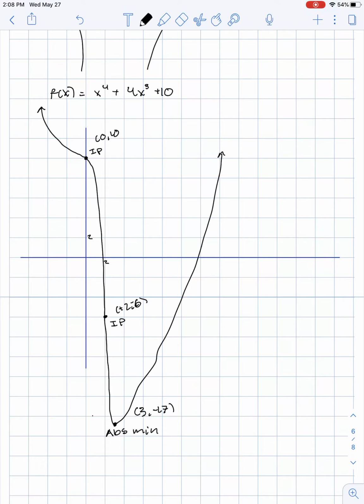So now we kind of have a procedure for graph sketching. That kind of gave us a little outline, but there's a little bit more we can do.